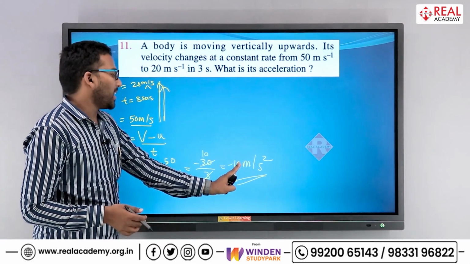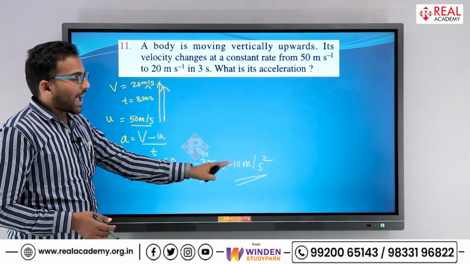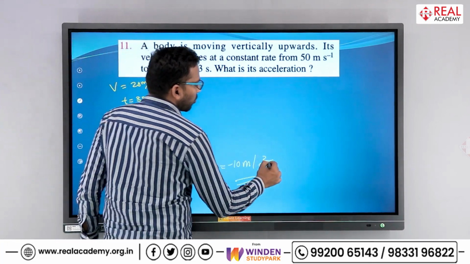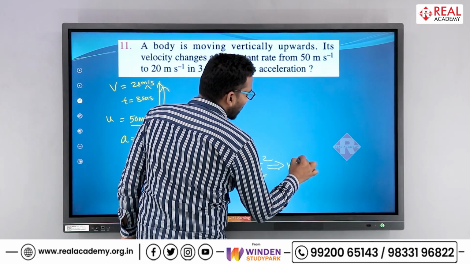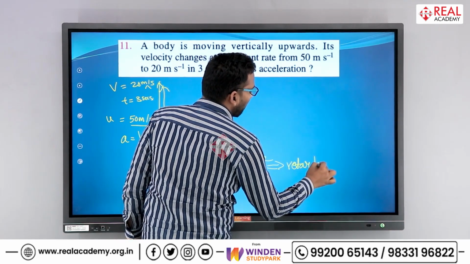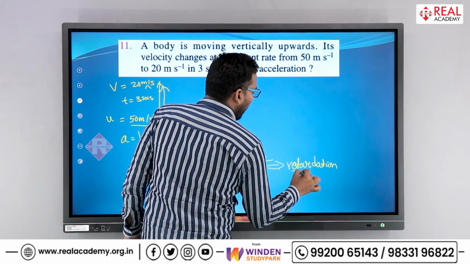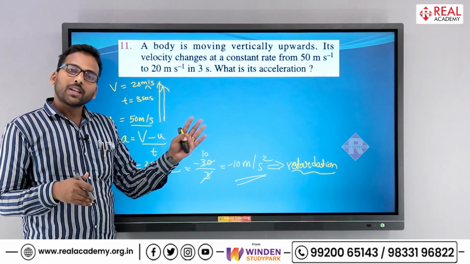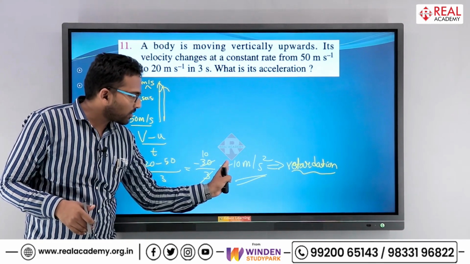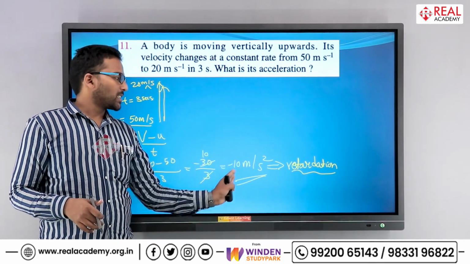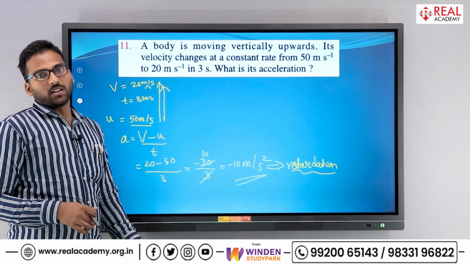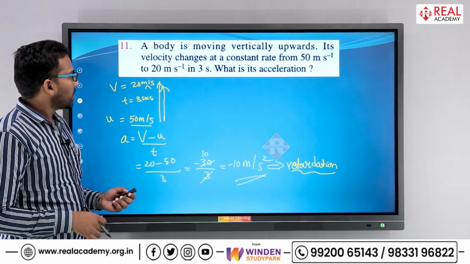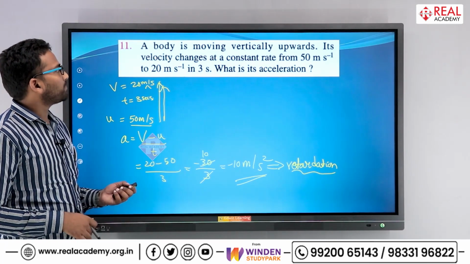So this minus sign indicates that the acceleration is retarding. That's why this acceleration is known as retardation. Whenever the acceleration is reducing or decreasing, or it shows that negative sign, then that acceleration becomes retardation. Clear? Okay.